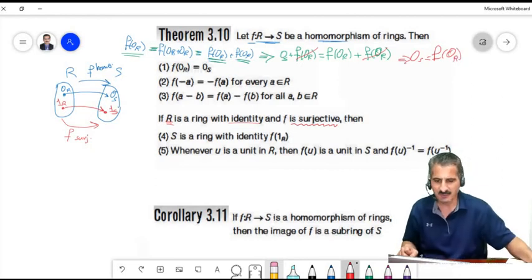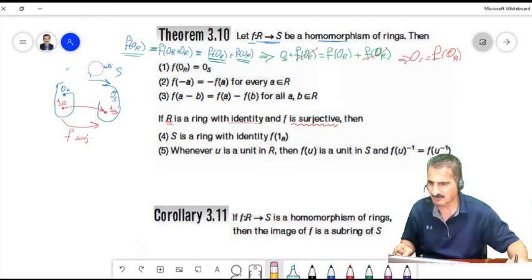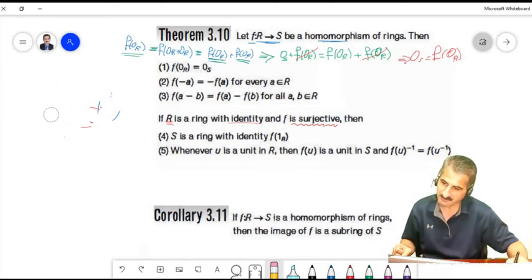Okay, now what about proving this part here? Let me erase this. I want to benefit from these spaces. So part 2 says the image of the additive inverse is the additive inverse of the image, right? Can we say it that way?